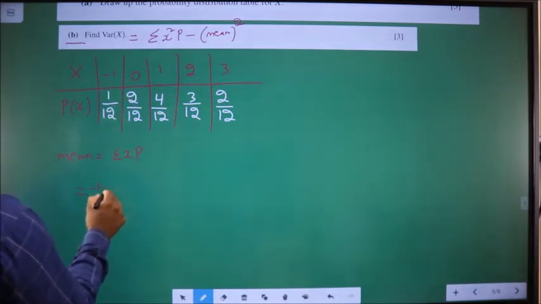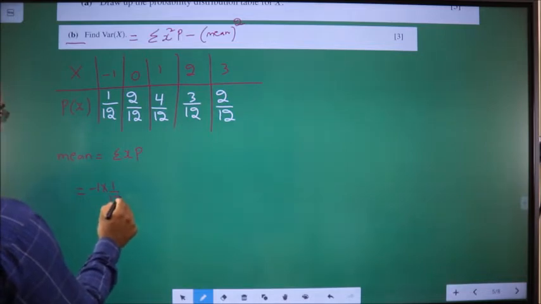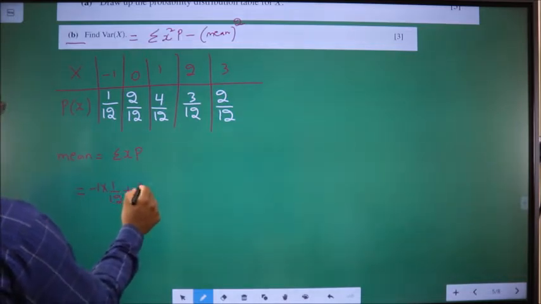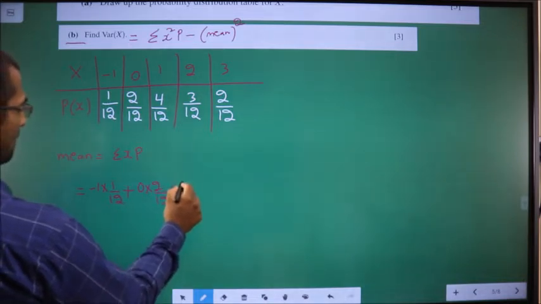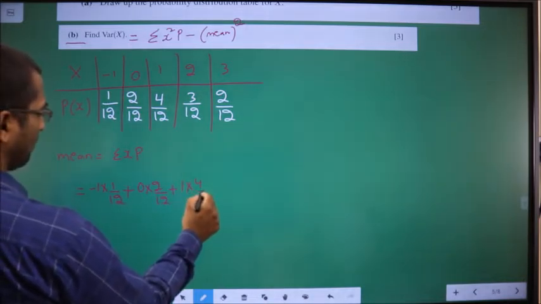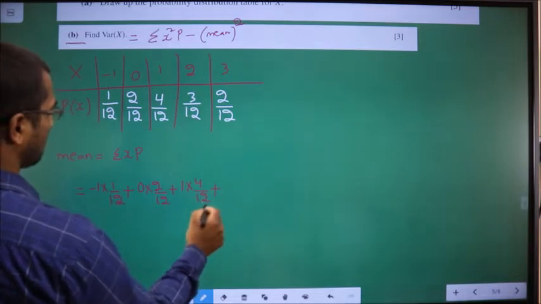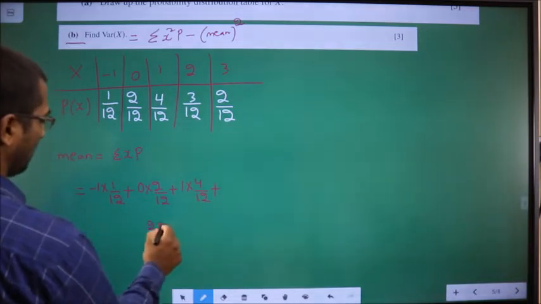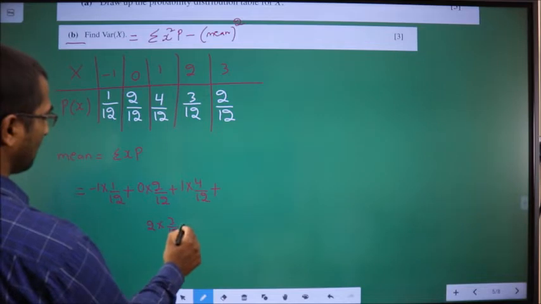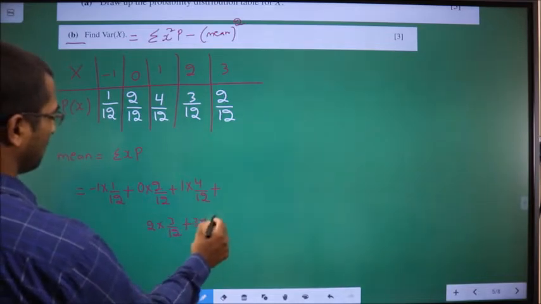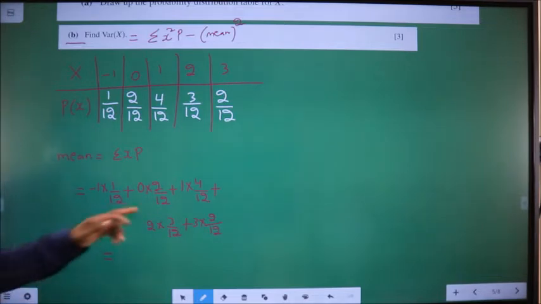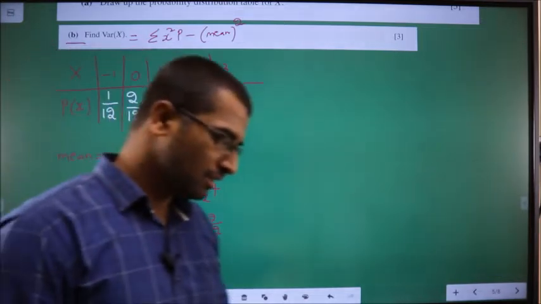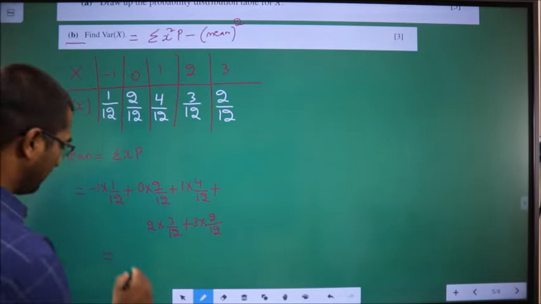So -1 into 1 by 12 plus 0 into 2 by 12 plus 1 into 4 by 12 plus 2 into 3 by 12 plus 3 into 2 by 12. Put all at once in the calculator. You get the mean to be 15 by 12.